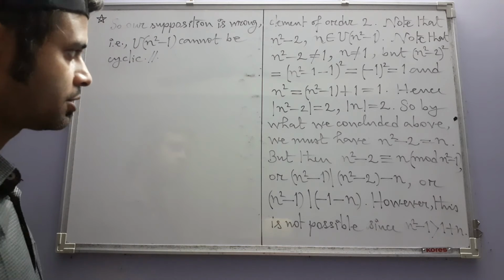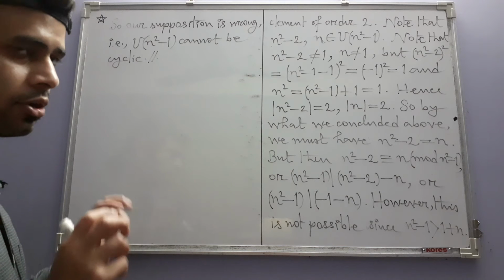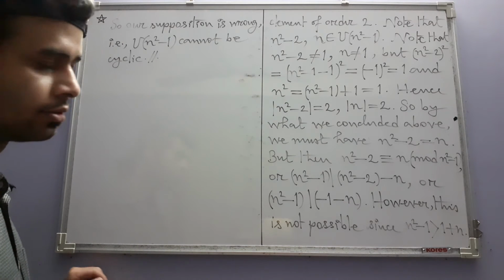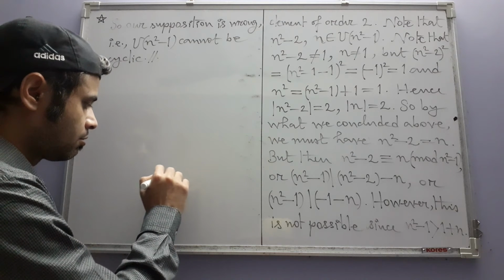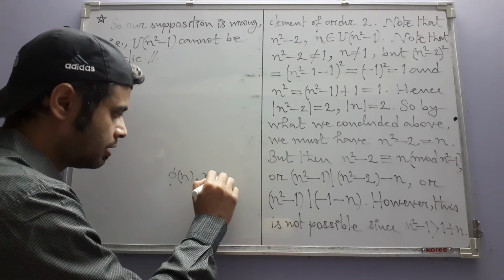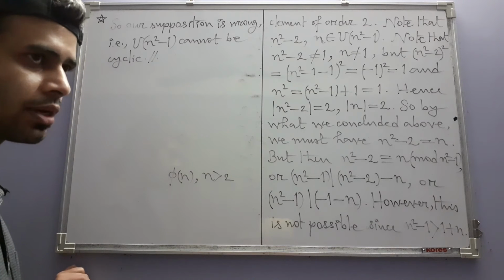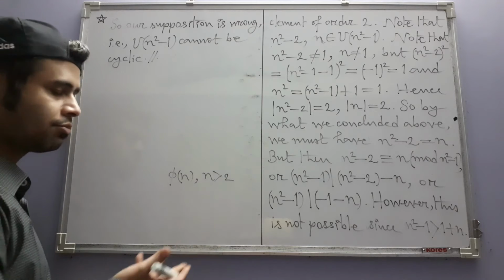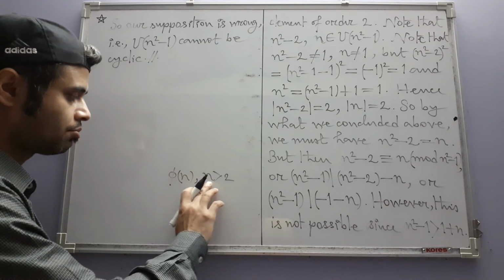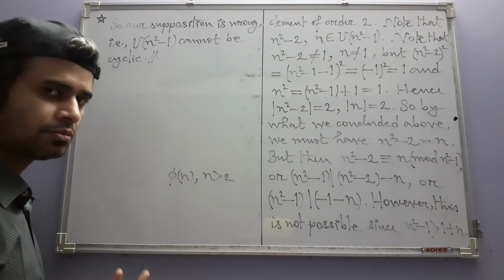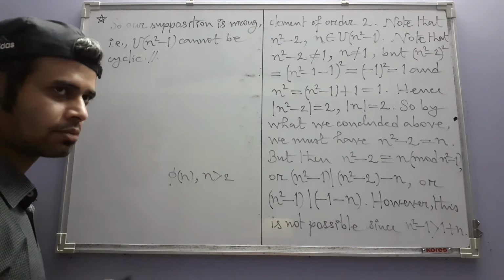So the only possible gap, not an actual gap, but a gap for you, may be the fact that phi of n is even when n is greater than 2. You look for this fact in any good number theory book, or if you think of it for some time and play around with some values of n, you will eventually figure out why it becomes even.